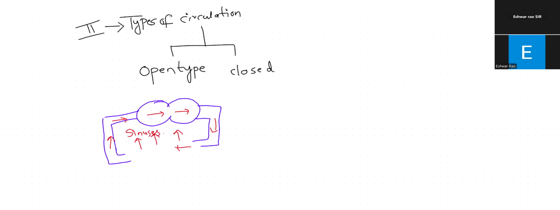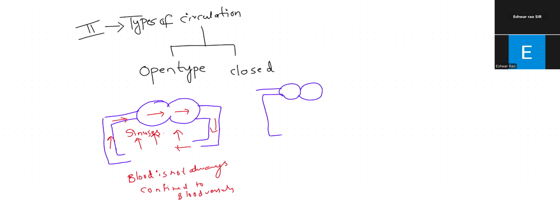So what we can write here: in open type of circulation, blood is not always confined to blood vessels. Whereas here, you see the diagram. Assume the same diagram, which gives much clarity.